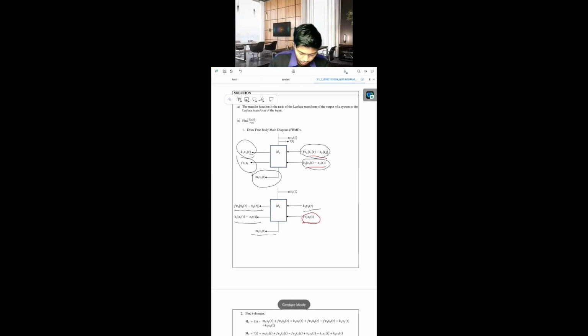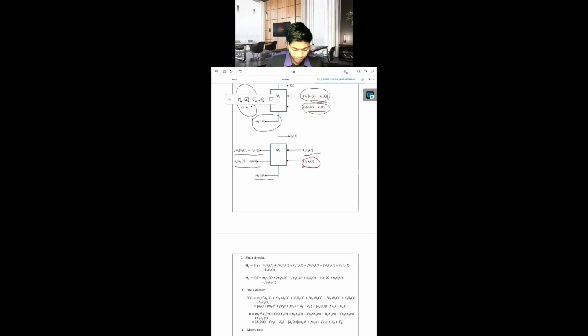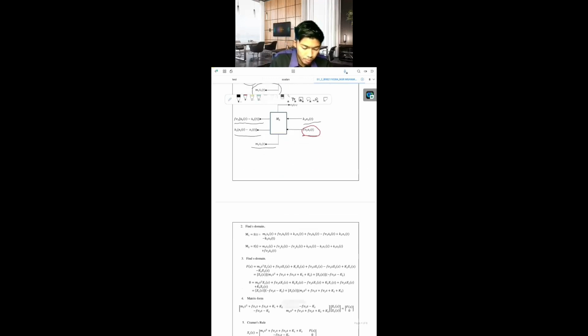We move on to the second step, which is searching for T domain. Cari T domain pula, just kita salin balik apa yang ada dekat lukisan kita tadi untuk M1. So apa yang kita ada tadi, kita ada inertia, friction, spring 1, ini damper yang tengah. Sepatutnya tadi kita nampak ini dah kita kembangkan.